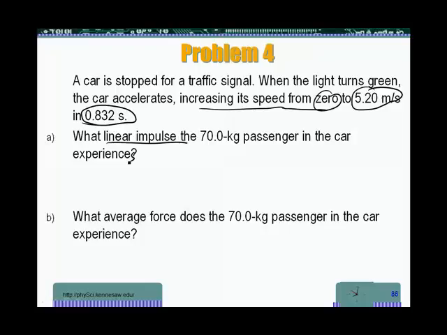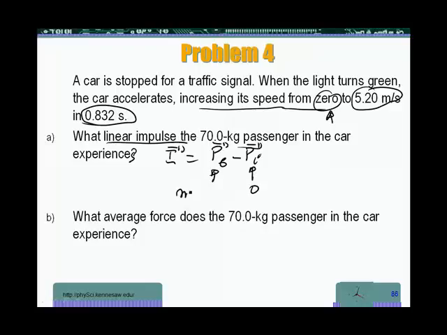Okay, impulse. What's impulse? Change in momentum. Impulse, remember, is final momentum minus initial momentum. So what's the initial momentum? The car and the passengers in the car were not moving. So the initial momentum is 0. What's the final momentum of this passenger?